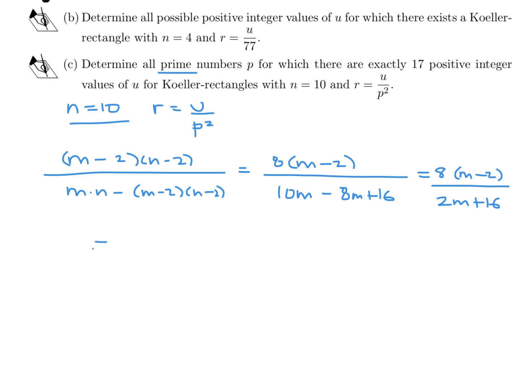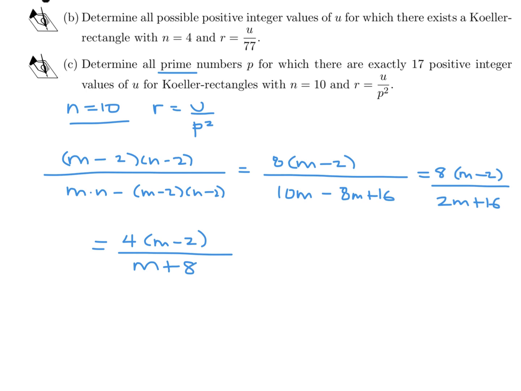Continuing, if we divide top and bottom by 2, we get 4 times m minus 2 on the top, and on the bottom it will be m plus 8. Okay, but that's about as far as we can get.